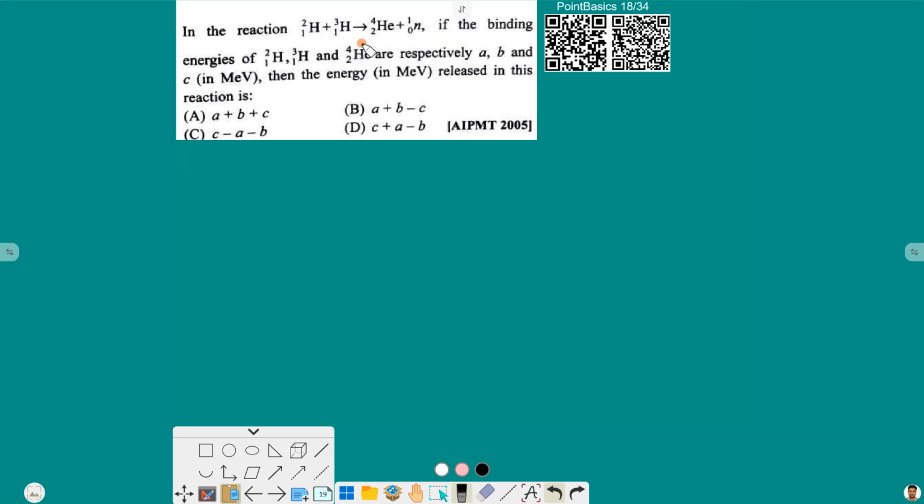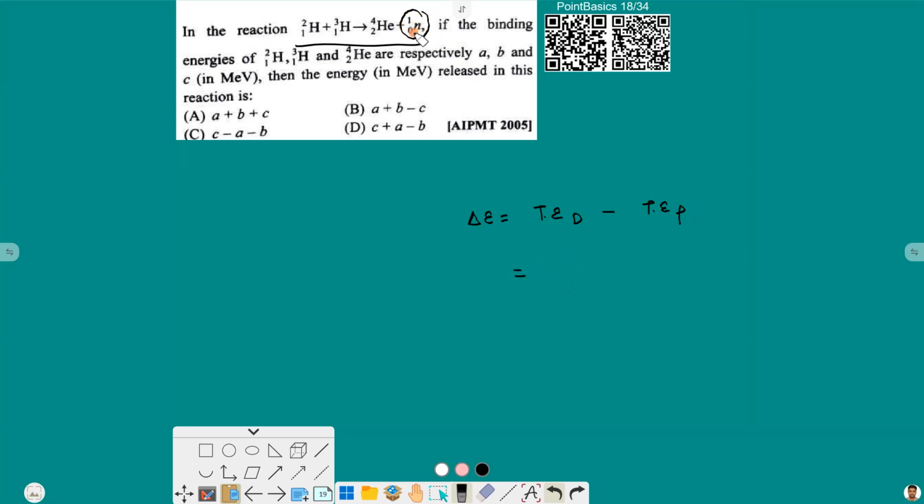Next one. Here we have a reaction in which the binding energies of 2H, 3H, 4He are respectively A, B, C MeV. Again, the energy released, delta E, will be equal to the total energy of the daughter minus the total energy of the parent. Here the neutron is free.